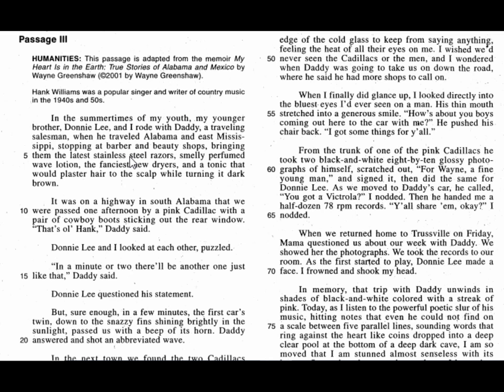And this is basically a story about a kid meeting Hank Williams with his father. All right. Now remember, the question says gains an appreciation as a result of what? So right away, I'm thinking down here at the bottom of the passage is where I'm going to start looking for this. So I'm looking in this area. All right. As a result. So in memory and stuff like that. All right. That's the first thing.